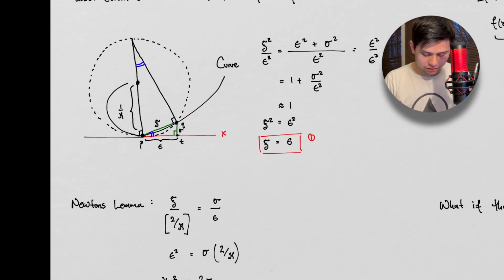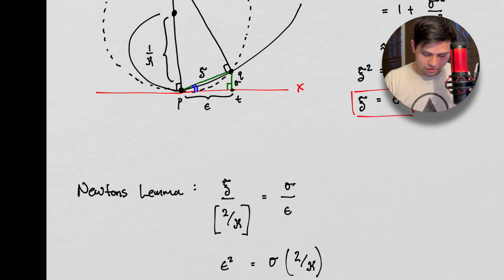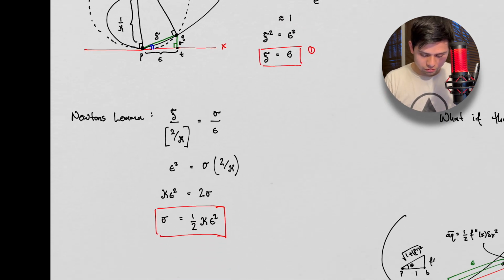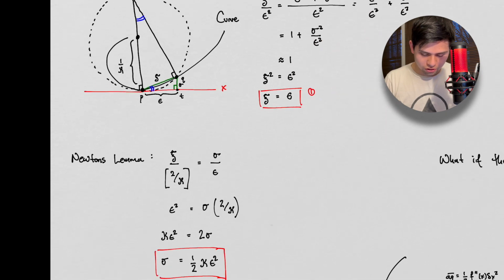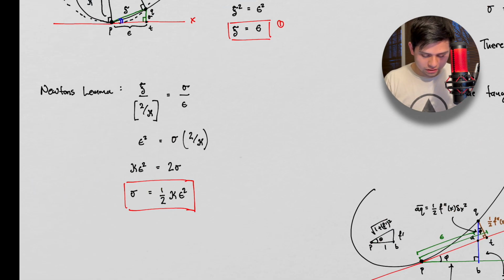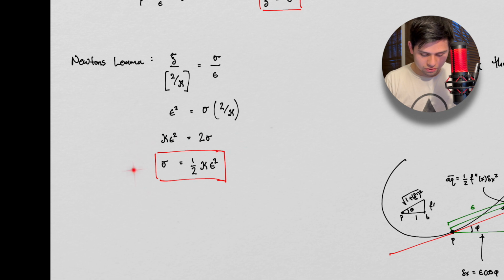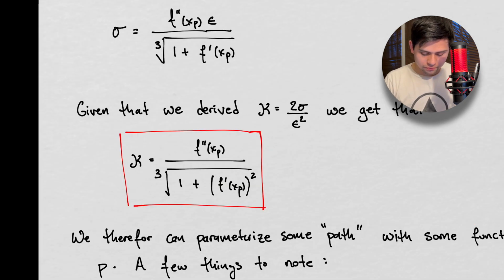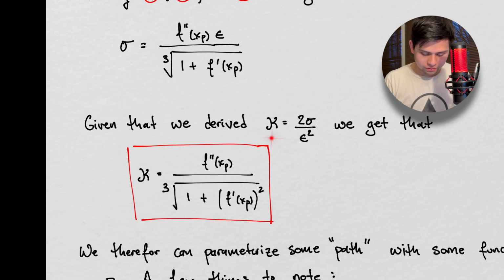The only difference here is that, again, we did not really need to draw all this extra, the tangent line, and these two extra lines here. This came from Newton's lemma, and that is this right here. So given that we derived this, we get this.